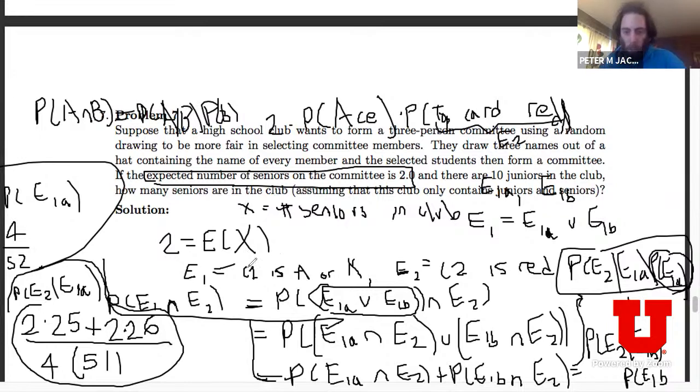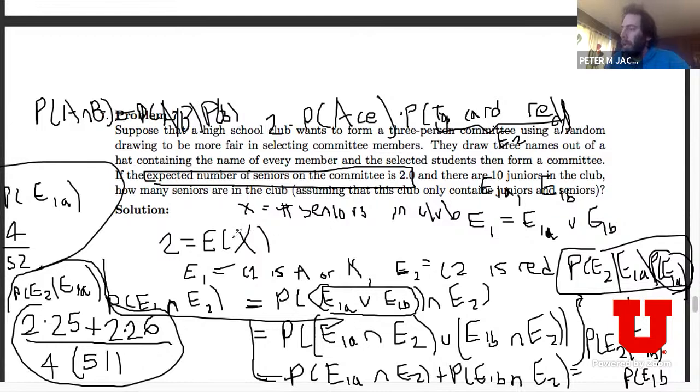My notation isn't good, I'm overusing things. You can let X be the number of seniors in the club. There are 10 juniors in the club.